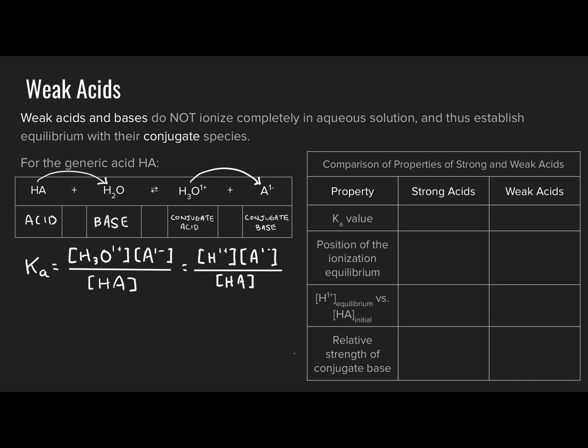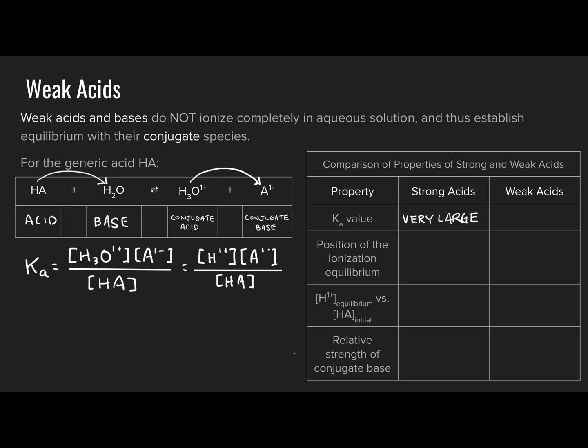And because a strong acid undergoes complete dissociation, the concentration of the molecular acid present in the solution is very, very close to zero, implying, therefore, the Ka value of a strong acid would be some number in the numerator divided by a number approaching zero in the denominator, which implies the Ka value would therefore be very, very large.